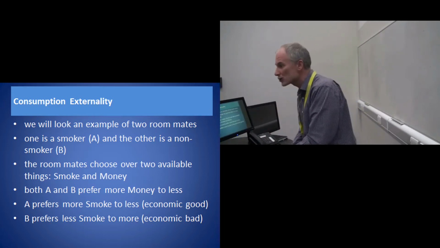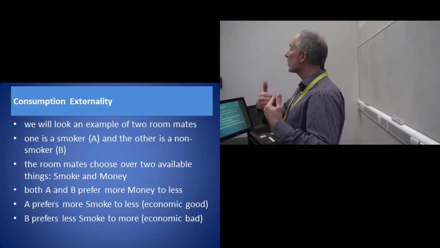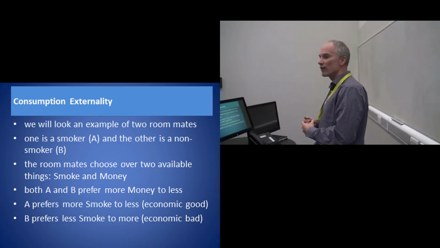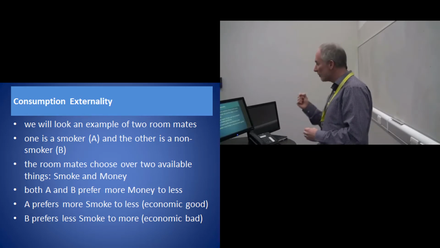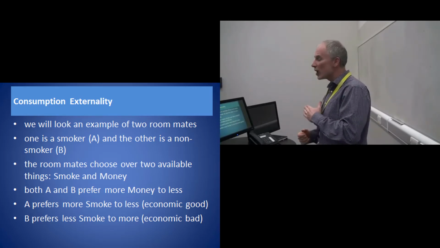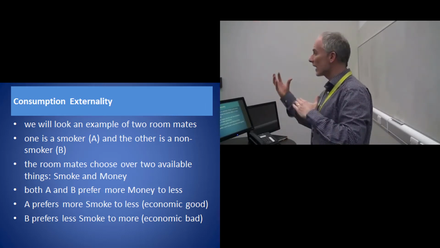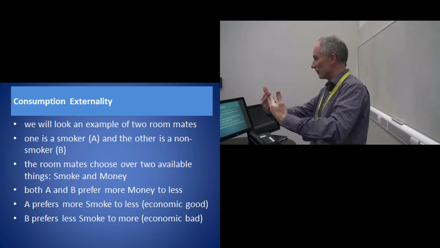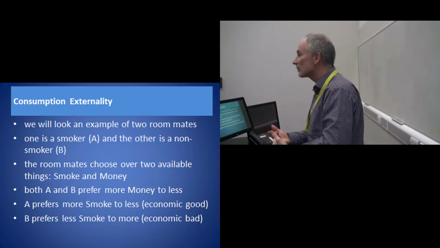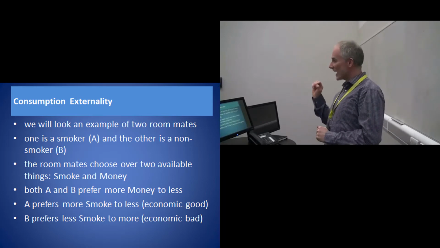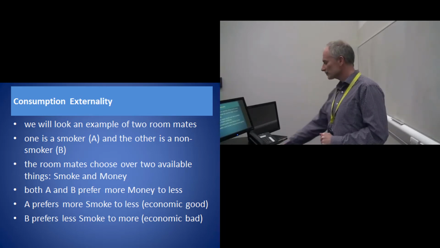So the more he smokes, the more pleasure he gets. And so, for roommate A, smoke is an economic good. He would rather have more smoke than less smoke. If there's more smoke, it means he's smoking more. If he smokes more, he's happy. So for person A, smoke is an economic good.